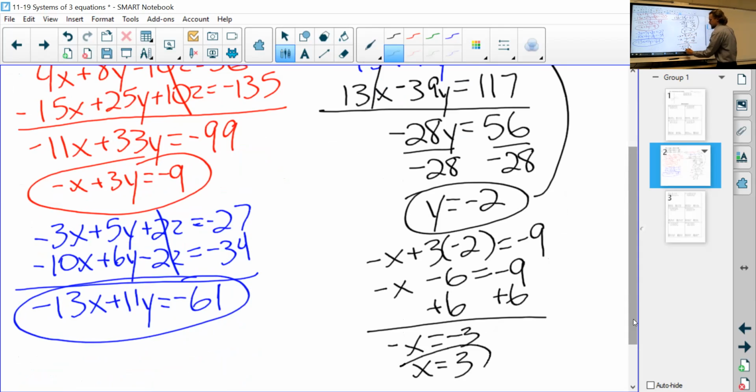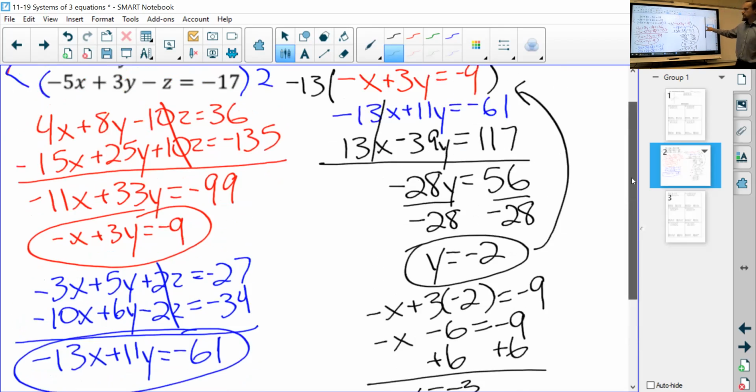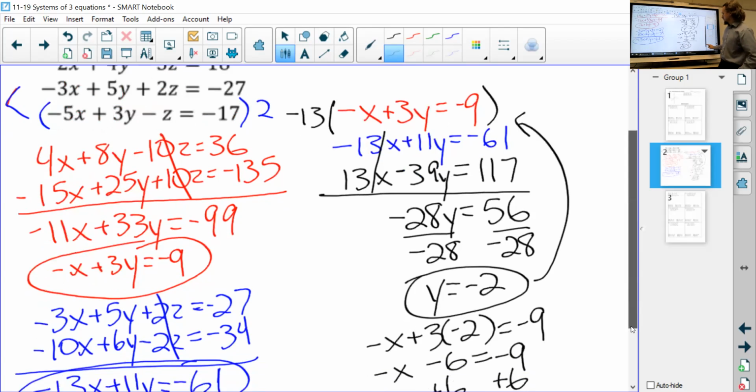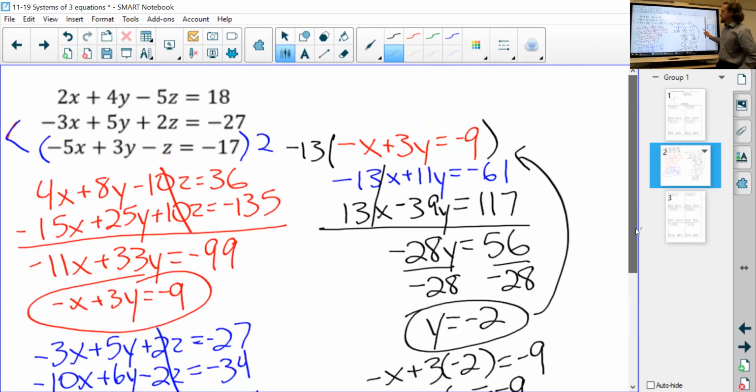Okay, so now I've got two of my variables. I know x, I know y. So now I just need to go back. I gotta go all the way back to the beginning. So these original equations, pick one of those and then solve for z. So what did I say? X was 3. Okay, so if I go to that top equation, substitute in the values for x and y.